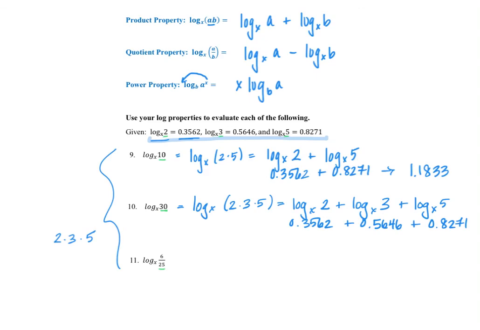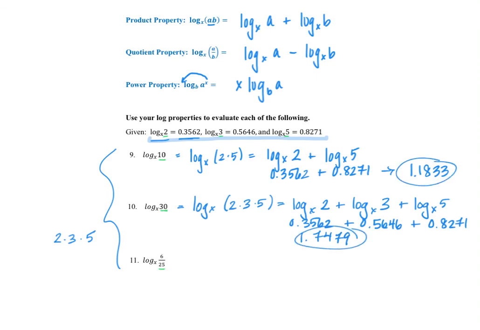So 0.3562 plus 0.5646 plus 0.8271. And that's going to give me 1.7479.